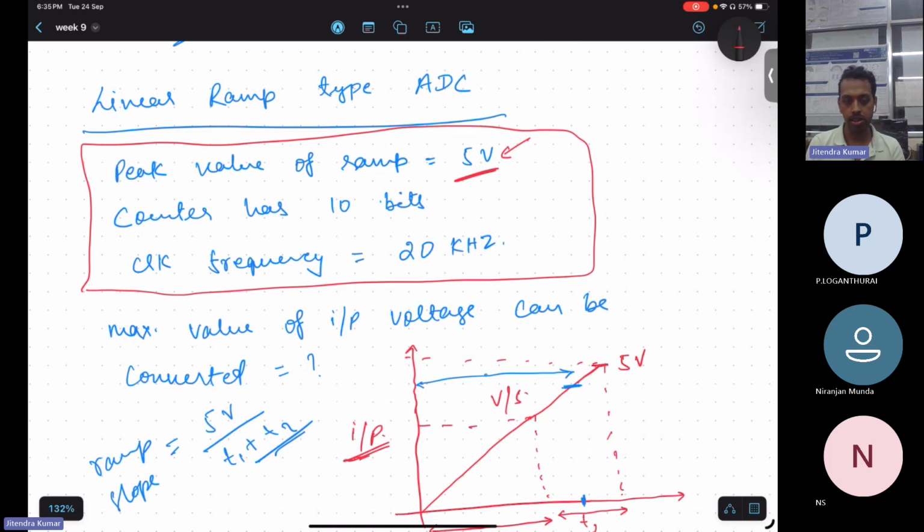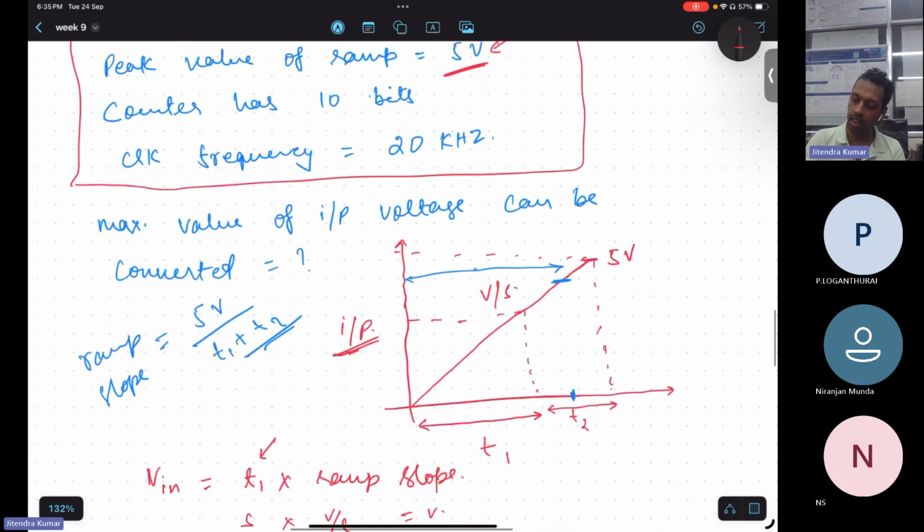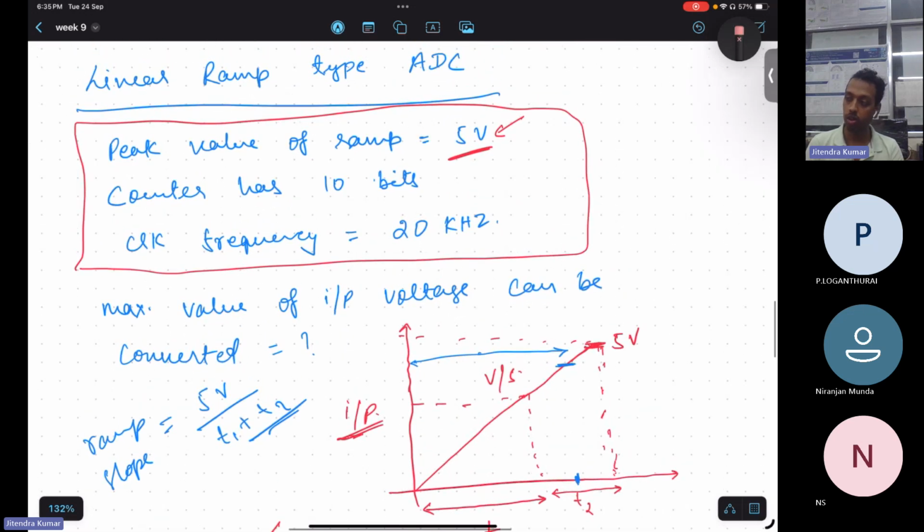You are directly given the peak value of the ramp, and beyond that it won't measure. So the peak value is 5 volt, and the maximum value that can be measured will be 5 volt, isn't it? Beyond 5 volt, this particular ramp ADC will not measure.